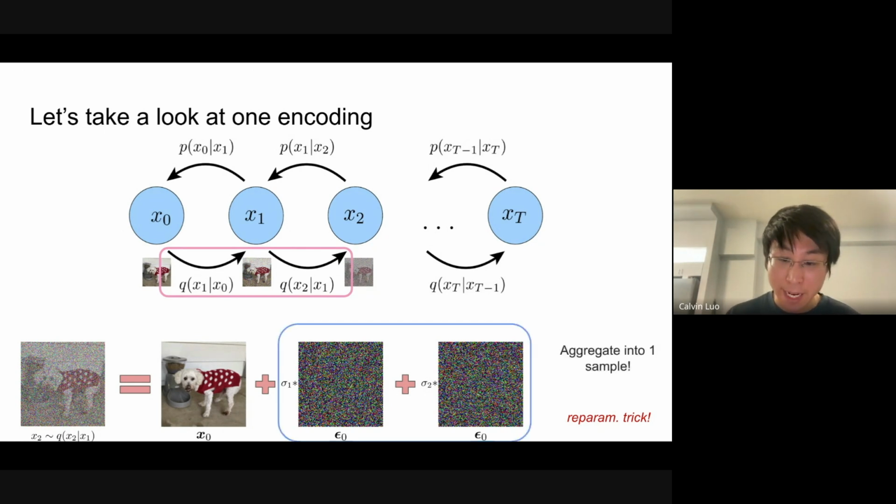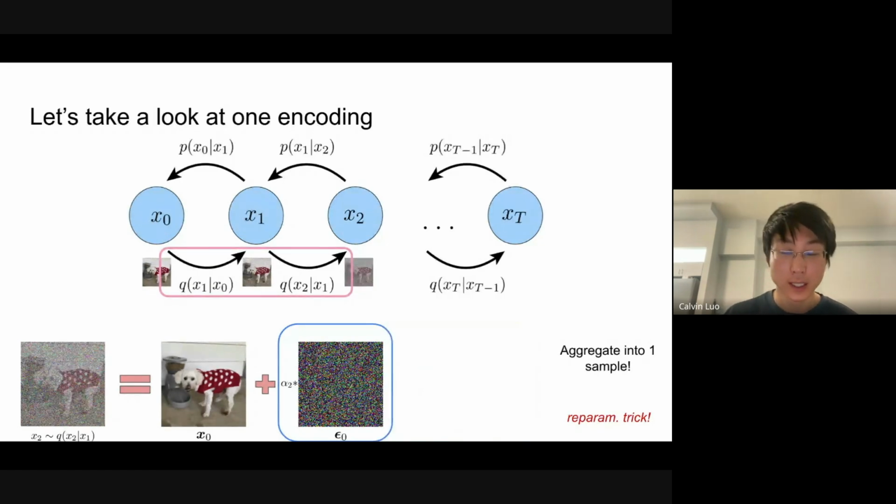And we can aggregate this into one sample, because you can sum up Gaussians with their known parameterizations and aggregate them into basically a sample from one Gaussian with a new scale, where the scale is the square root of their variances.